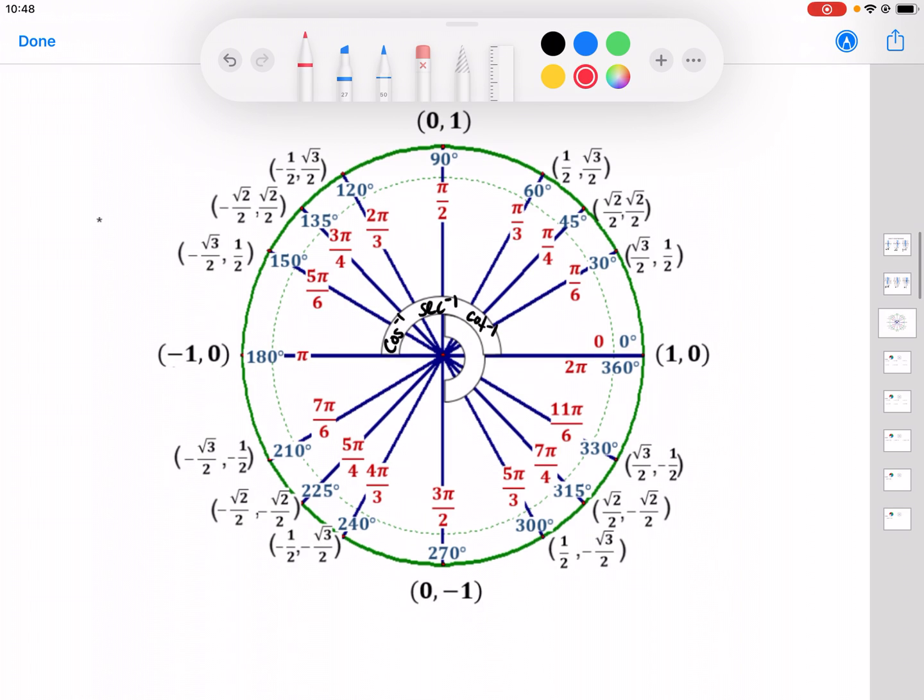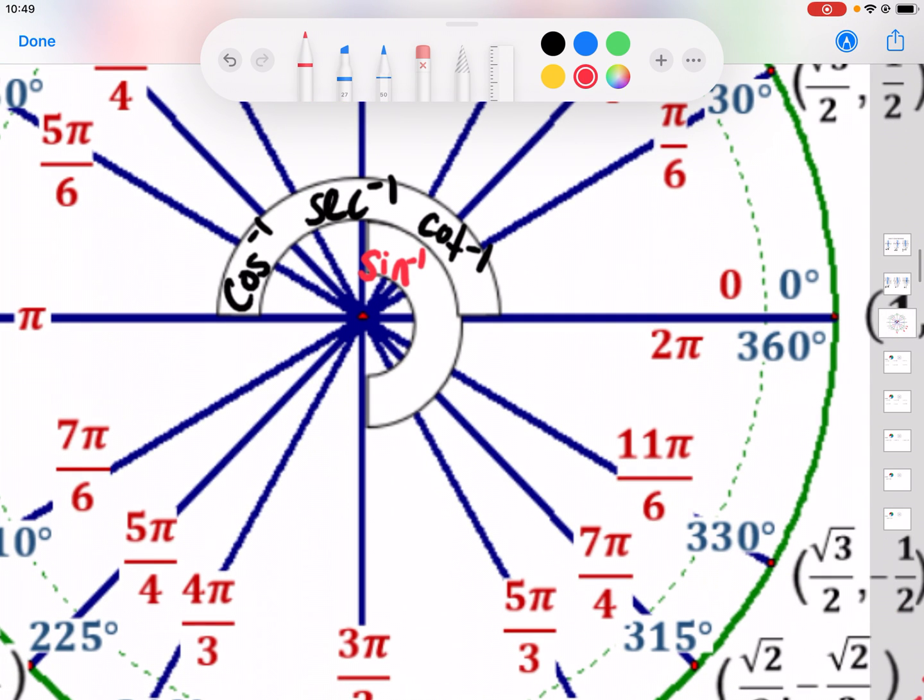Now on my unit circle, I like to label this as -π/2. This one is -π/3, this one is -π/4, and -π/6, because we're going to be using the negative angles when we use the fourth quadrant. And to remind ourselves which ones use the fourth quadrant, I like to write in that this is our inverse of sine, our inverse of tangent, and inverse of cosecant.